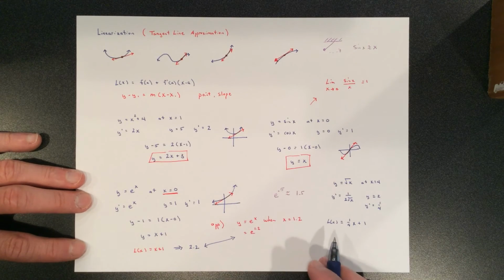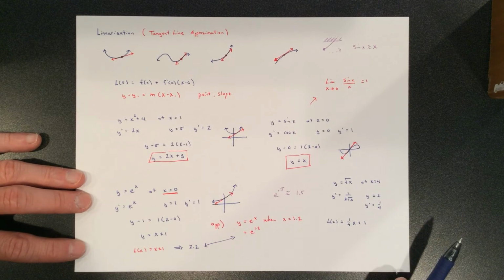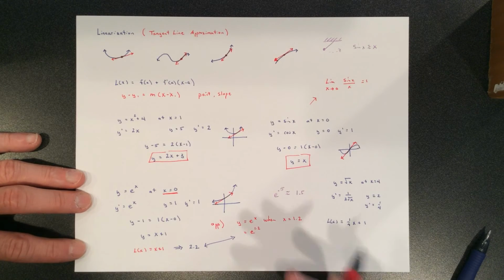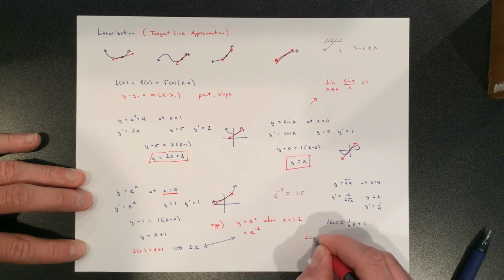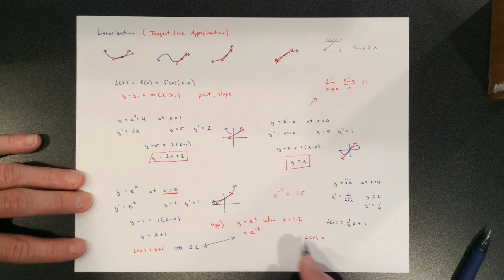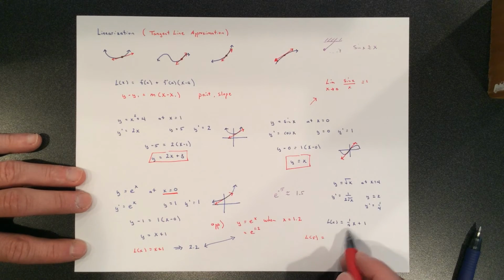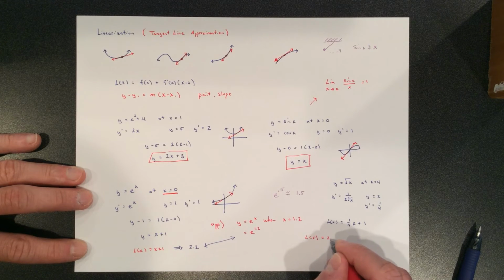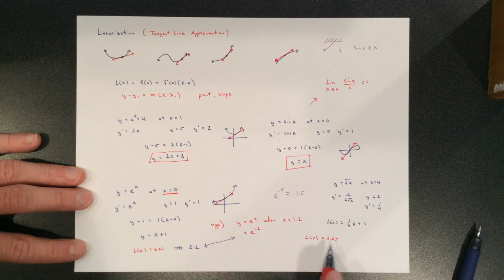But again, if I wanted to approximate, what's the square root of 5? Well, just use the tangent line. Use the linearization. L of 5 is plugging in 5 here, and I get 5/4 plus 1, so that's 2.25. So I'm guessing that 2.25 is approximately the square root of 5.